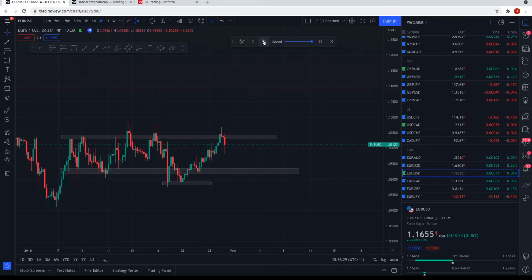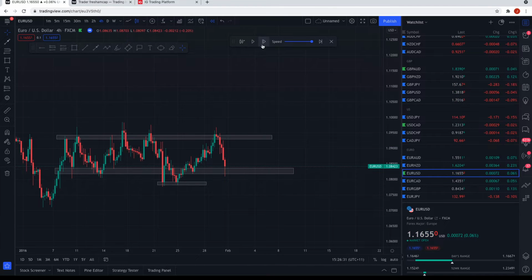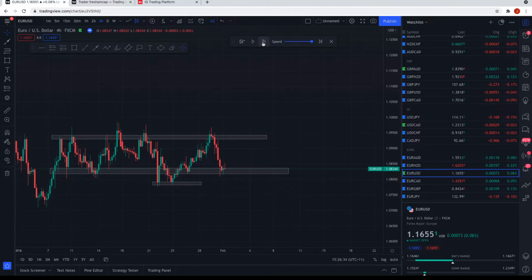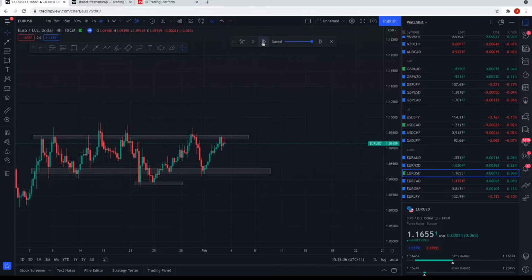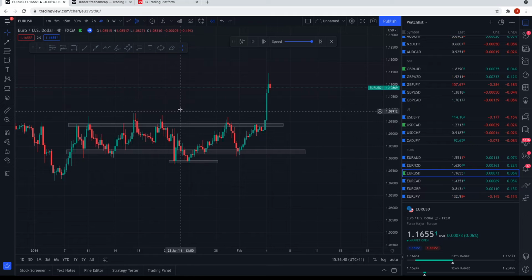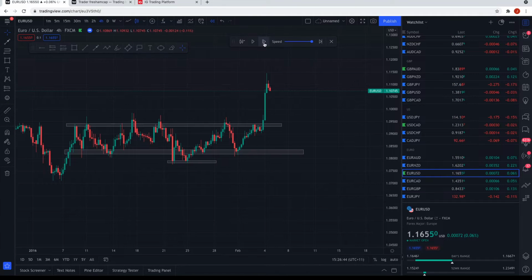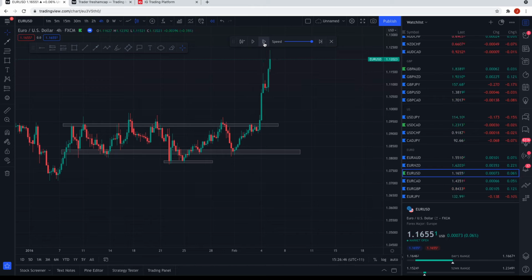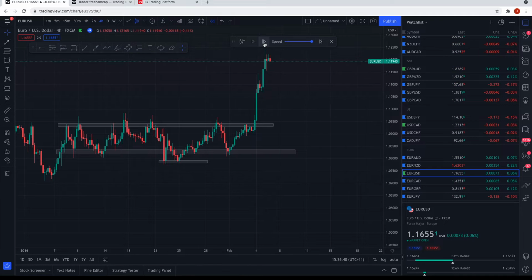We're going to wait for some clearer structure to form. Let's just let price. Oh, there we go. Okay, that's fine. Unfortunately, price didn't come back, but that's all right. We'll just keep going to the next one.